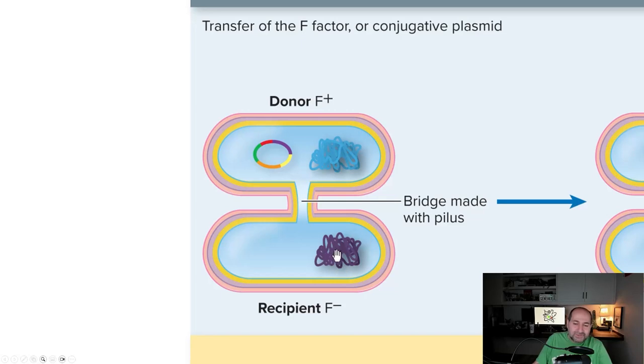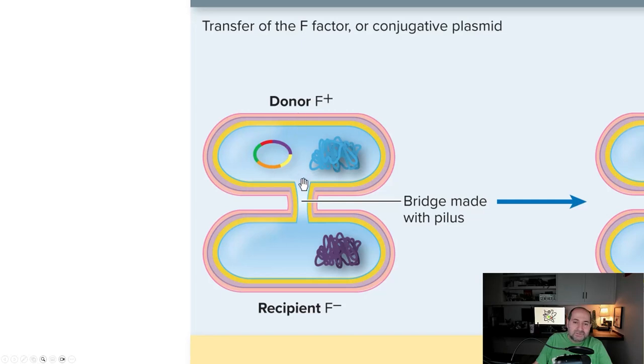Here is the nucleoid of the recipient. And in addition, you see this small circular DNA. This represents the F factor, or the fertility factor, a small circular plasmid of DNA. What's interesting about this F plasmid is that it contains the genes necessary to make this bridge, to make the sex pilus. So the donor cell is called the F plus cell because it contains the F plasmid.